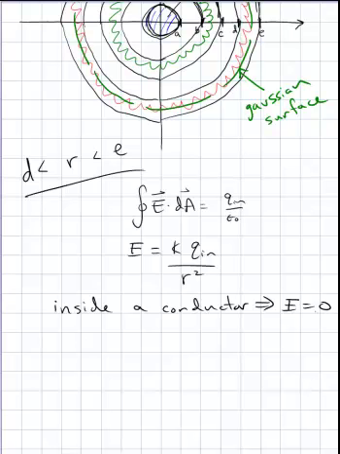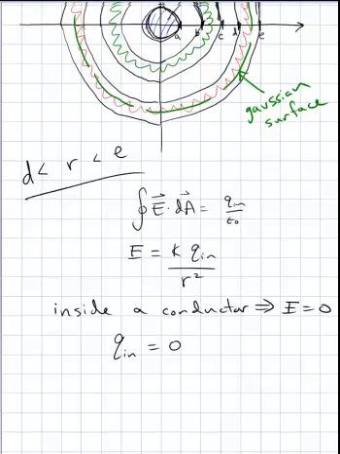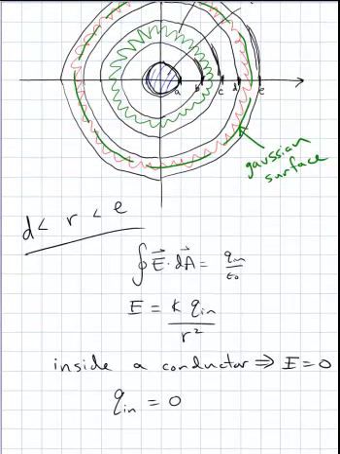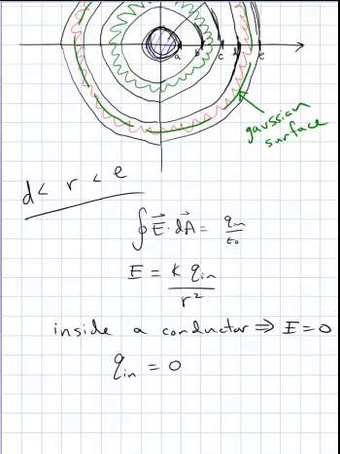So we know that E equals 0, so that means the Q in has to be equal to 0 for this Gaussian surface. And what is Q in for this Gaussian surface? It's the charge on our blue sphere plus the charge on our green inner conductor between B and C, plus the charge on the inner surface here at R equals D. All three of those added together.